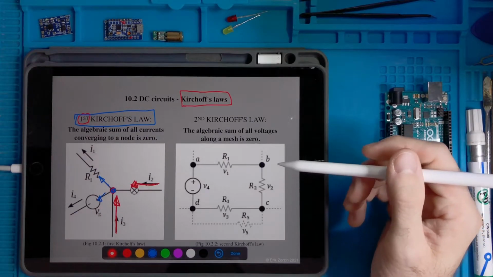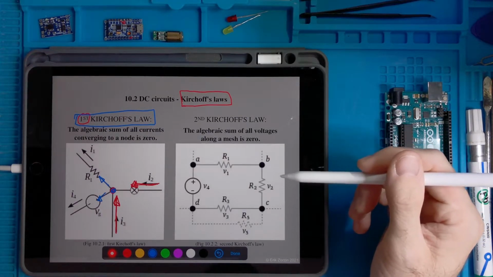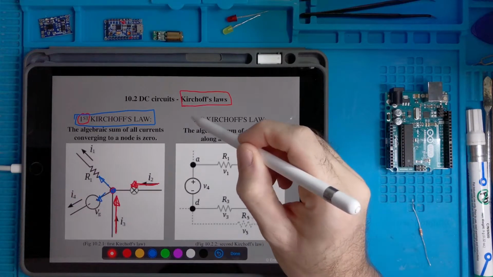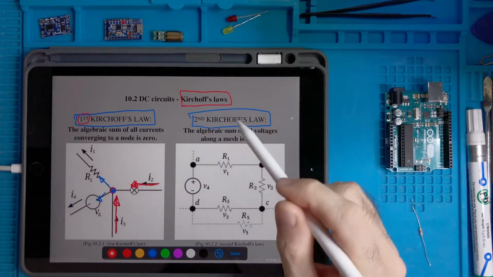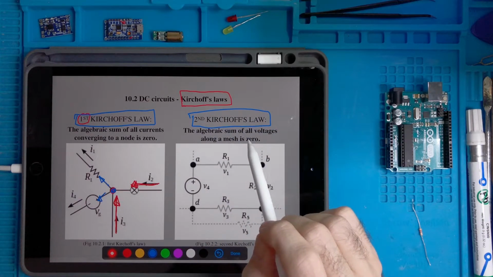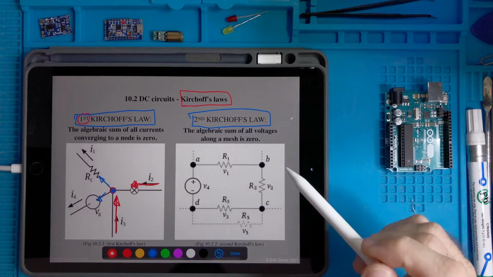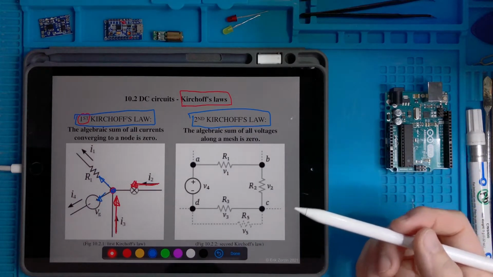The second one is a little bit more subtle, and it has to do with the laws of the electromagnetism, more specifically with the fact that the electric field is a conservative field. And it tells us that the algebraic sum of all voltages along a mesh is 0. So what's a mesh?